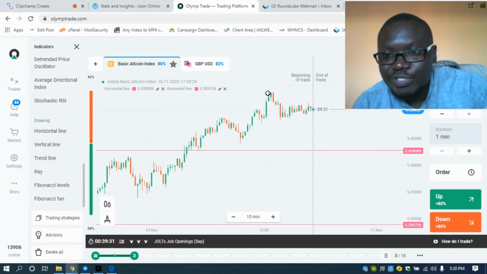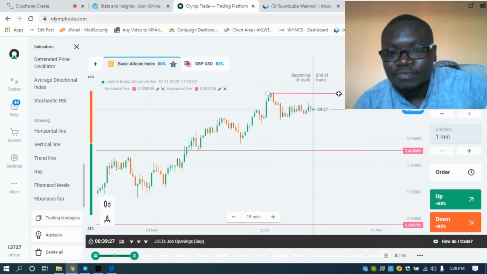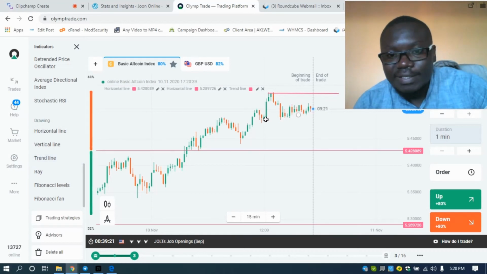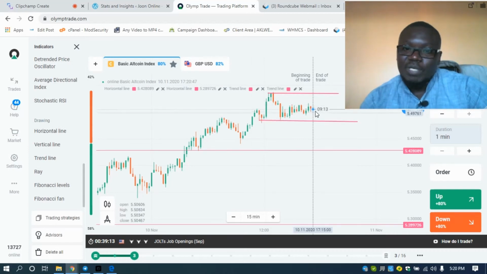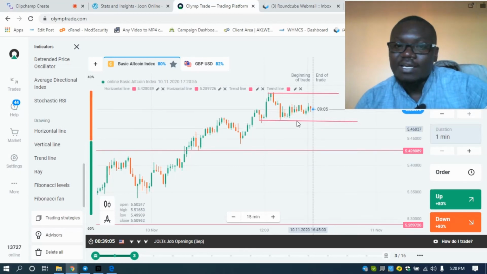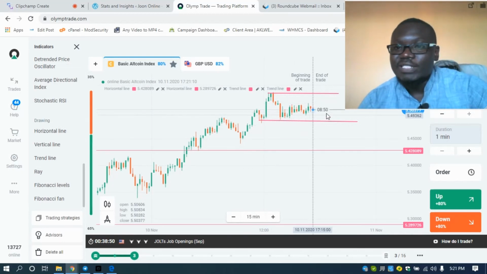We can also use trend lines to draw support and resistance levels in Olymp Trade. So assuming that is our resistance level, and this is our support level. If prices break the support level here and they continue moving downwards, then we say that the distribution stage has been accomplished, and prices are now on the descending stage.